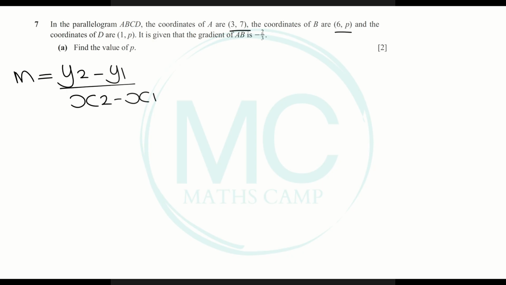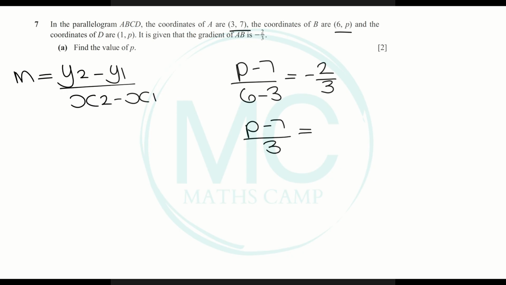So now we can say p minus 7 over 6 minus 3 is equal to the gradient, negative 2 over 3. p minus 7 remains as our numerator, over 3, is equal to negative 2 over 3. Let's multiply out our denominators. We get p minus 7 is equal to negative 2, which means that p is equal to 5.